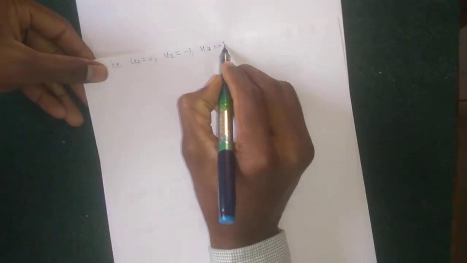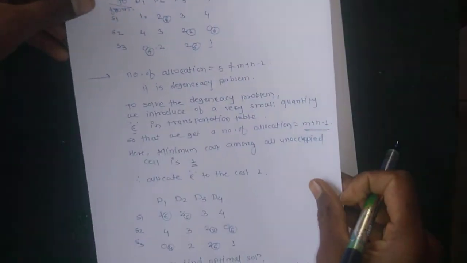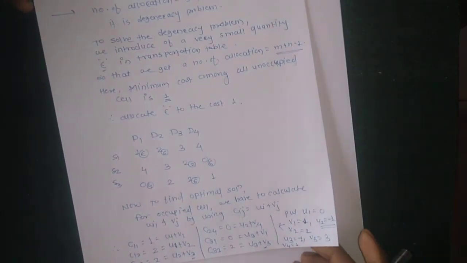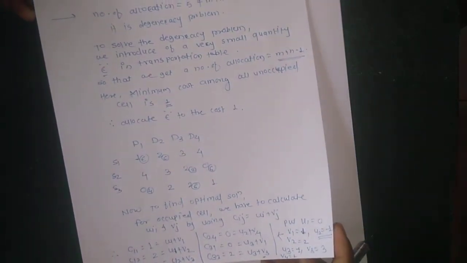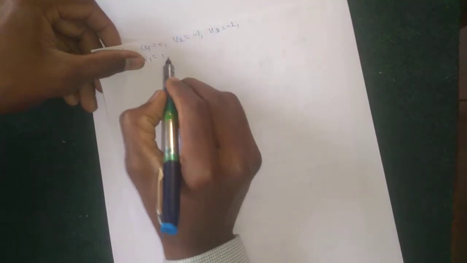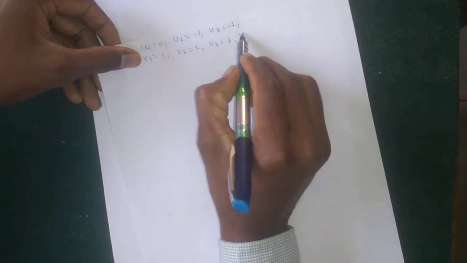Then v1 is equal to 1, v2 is equal to 2, v3 is equal to 3, v4 is equal to 1. So v is 1 2 3 1, and u1, u2, u3 are 0, minus 1, minus 1.